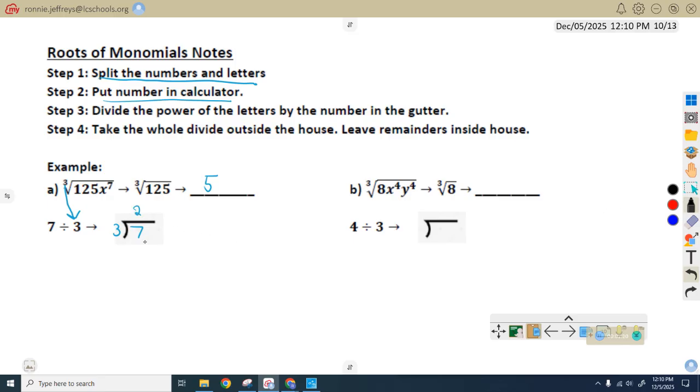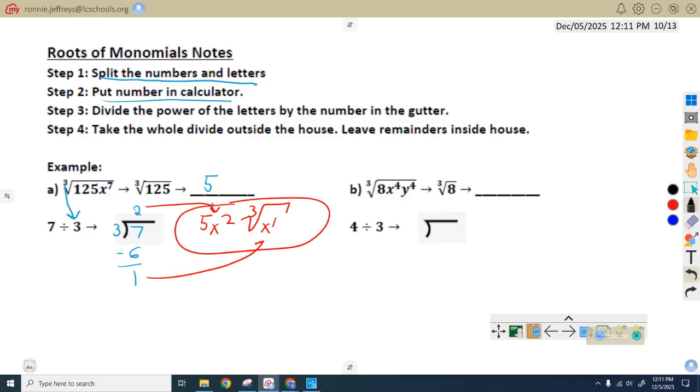Yes, twice, with a remainder of 1. That means our final answer is 5x squared with the cube root of x to the first. Okay, so that's where all that comes from. That's what I meant by the whole divide. This is our whole divide, this is our remainder.